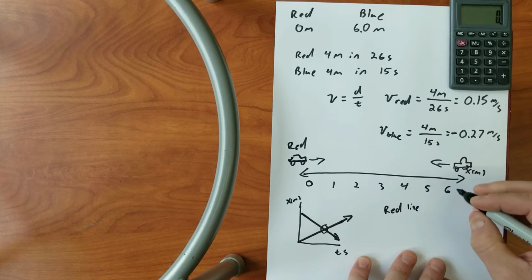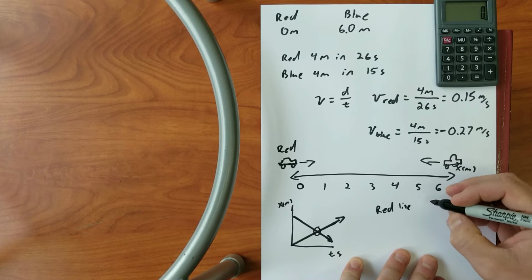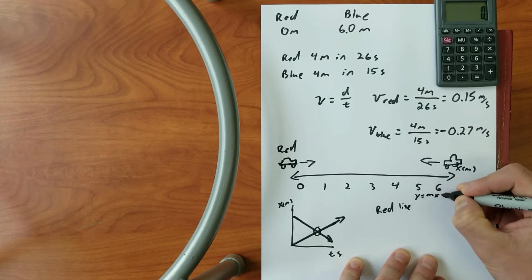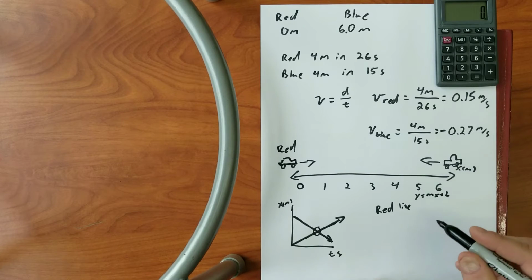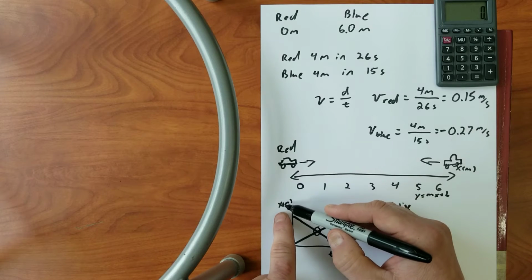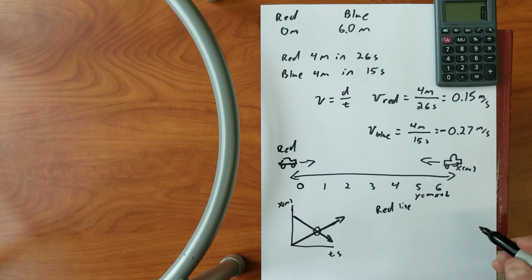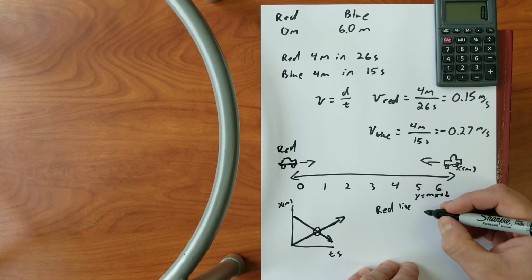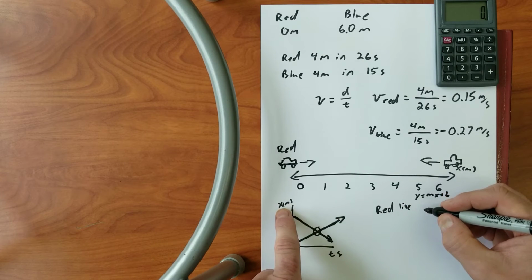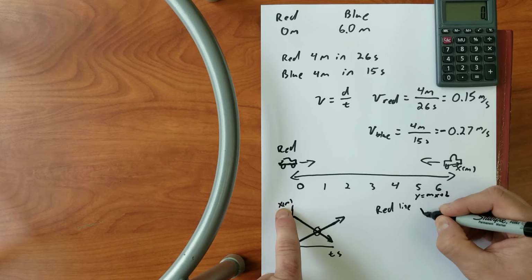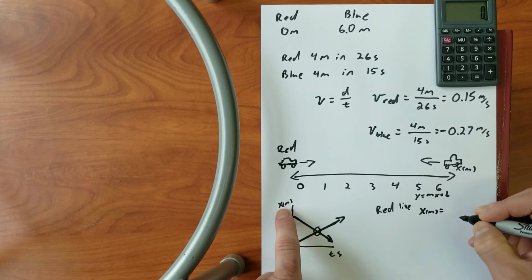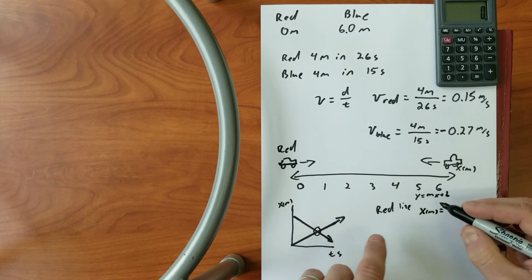My red line equation. Well, we know that a line equation generically is y equals mx plus b, right? And remember that my y-axis is my x position because the car was traveling along the ground. So my red line equation is x, my position in meters, equals a slope.